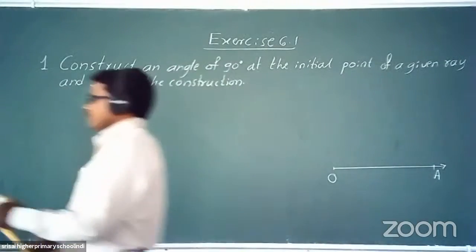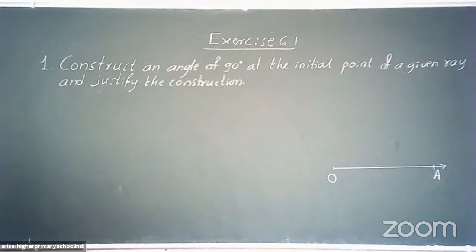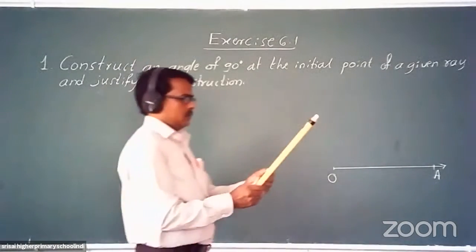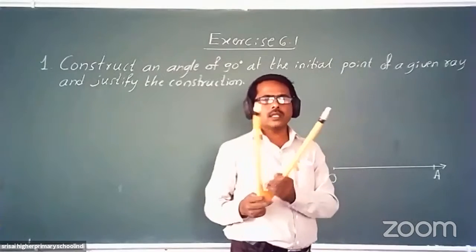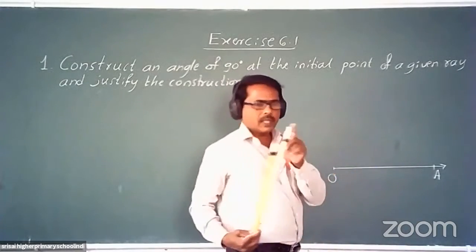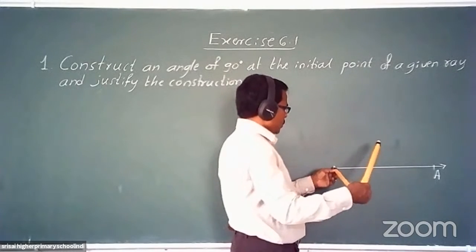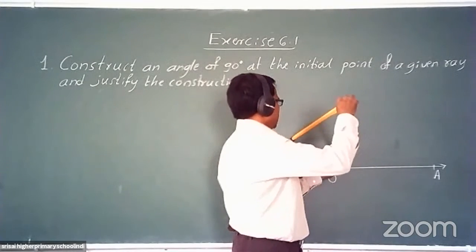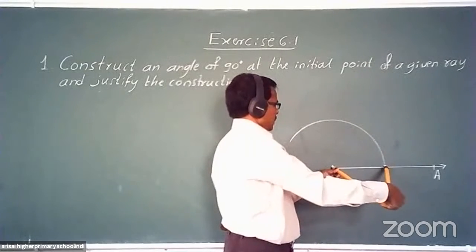Next step. Take your compass. Adjust a suitable arc length. Keep the tip of the compass on O and draw an arc like this.